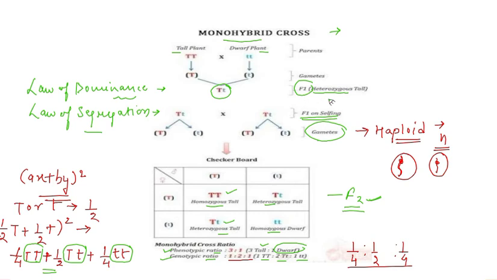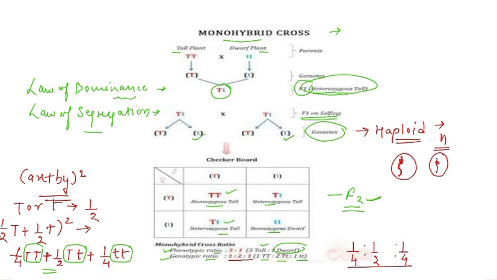Because they are heterozygous, right? So when the F1 plants are crossed, the characters are segregated at the time of gamete formation, and each and every gamete has an equal chance to fuse with another gamete of the other plant, and this is the reason when this gamete is fused with this, the recessive character reappears.